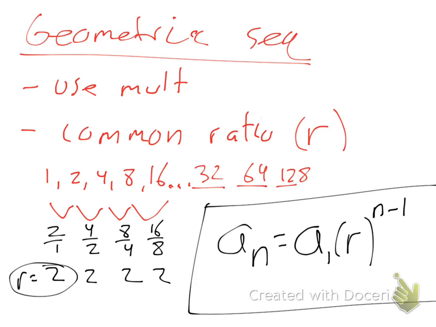Look at this equation. What happens when I put in 1? You get 1 minus 1, which is 0. Anything to the 0 power is 1. And 1 times A sub 1 is A sub 1. It gives you the first term. That's why when you put in 1, you get A sub 1.